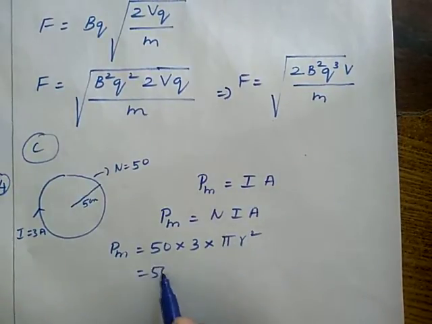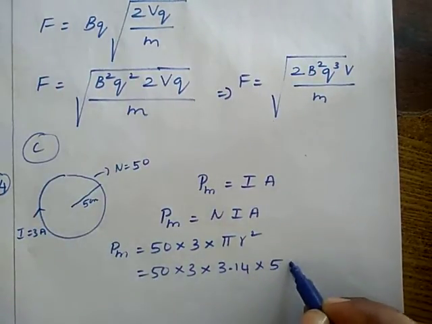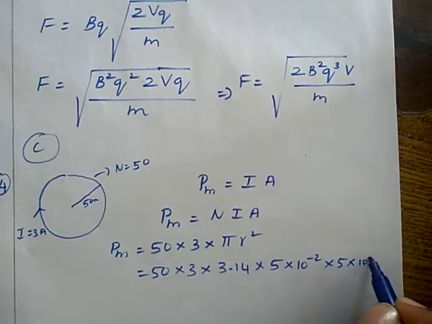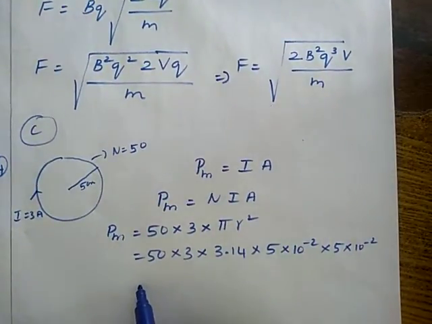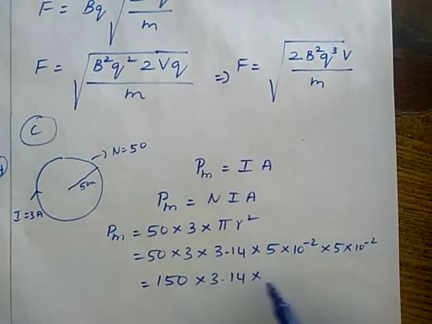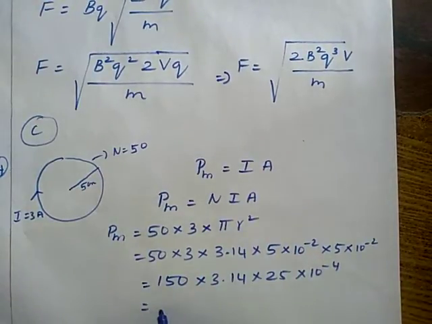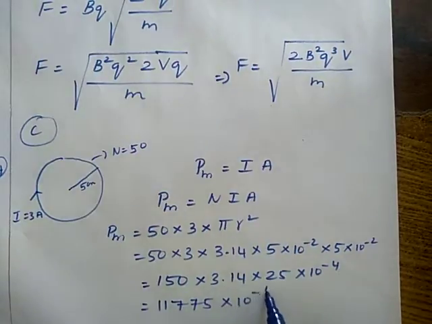Then 50 into 3, pi becomes 3.14, then r square. The radius is 5 cm, so 5 into 10 power minus 2 into 5 into 10 power minus 2 in order to change centimeter into meter. After solving this, we get 150 into 3.14 into 25 into 10 power minus 4. Then we get 11775 into 10 power of minus 4.